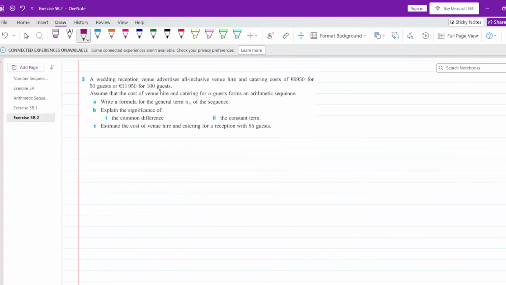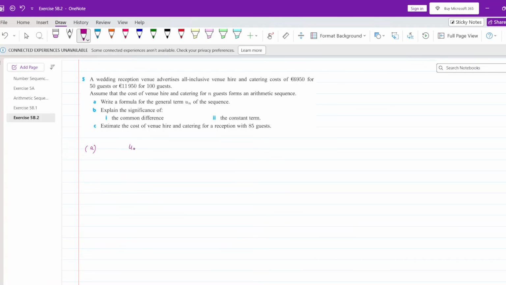A wedding reception venue advertises all inclusive venue hire and catering costs of 6950 euros for 50 guests or 11,950 euros for 100 guests. Assume that the cost of venue hire and catering for n guests forms an arithmetic sequence. Write a formula for the general term un of the sequence.